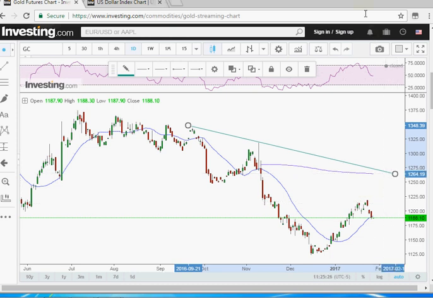So there is a good indication that this level of around 1270 or so should be broken before this intermediate cycle tops.